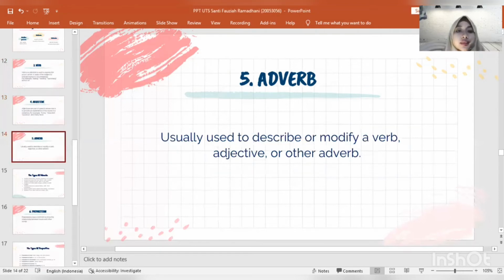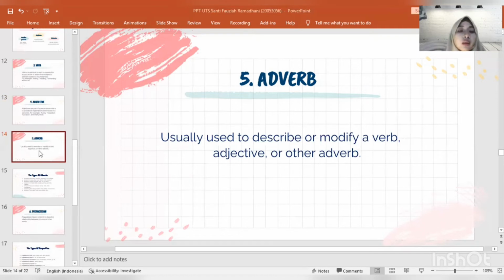The next is adverb. Adverb is usually used to describe or modify a verb, adjective, or another adverb.